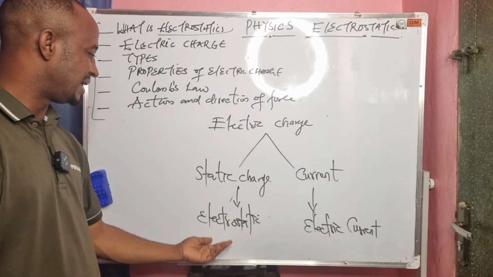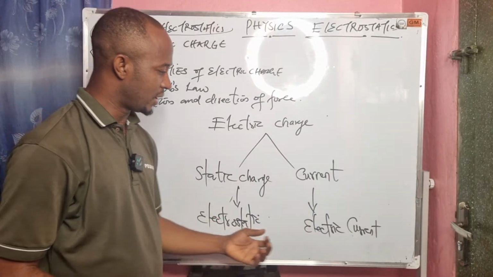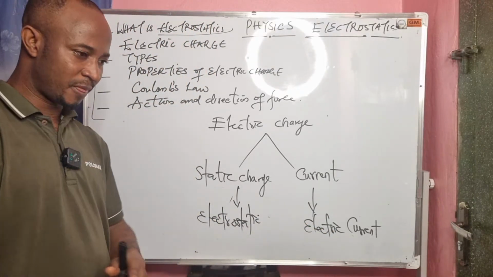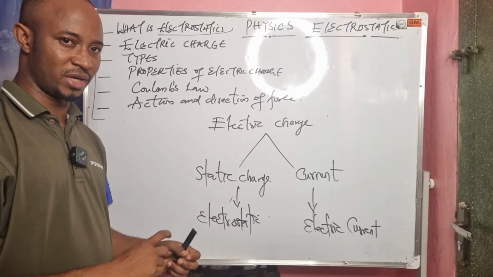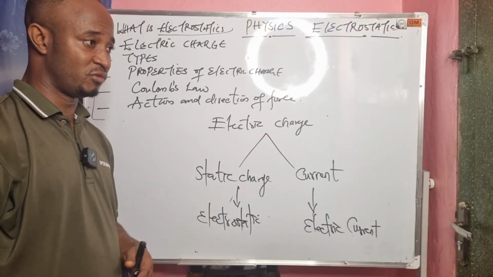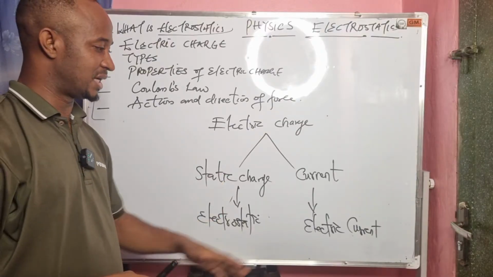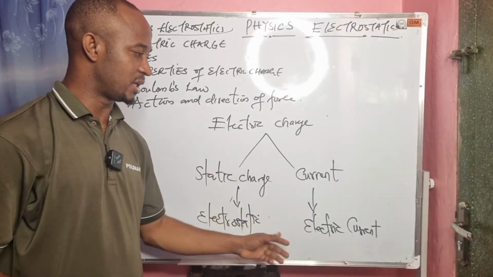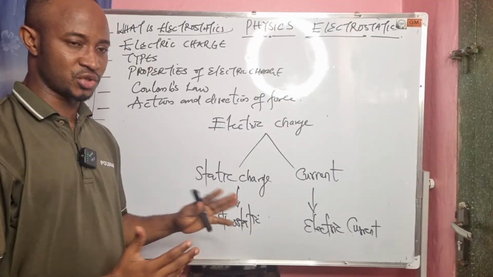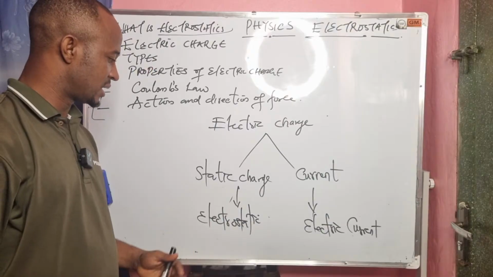Under static charge, we have electrostatics, which is electric charges at rest, while under electric current, we have electric charges that are in motion. It's like the movement of electric current through a metallic conductor from one point to another, like the movement of electric current from the wire to the bulb. Such current is called electric current. This kind of phenomenon comes in under charges in motion. But when it comes to charges at rest, we are talking about the concept called electrostatics.